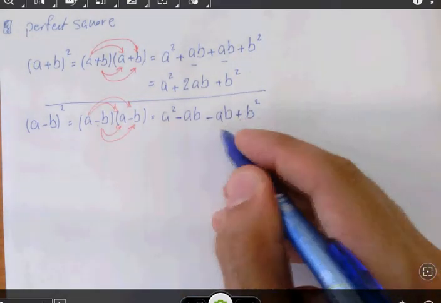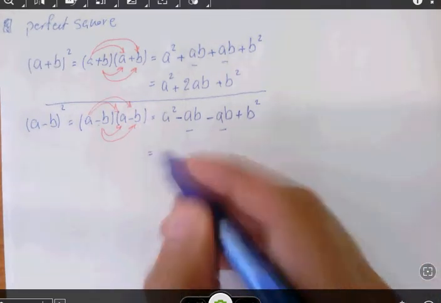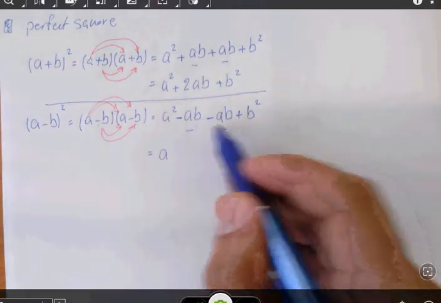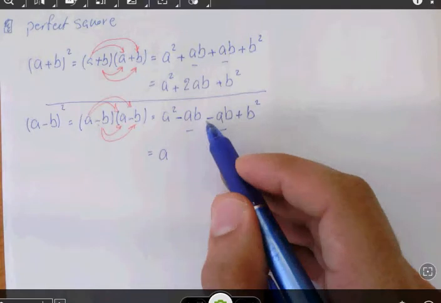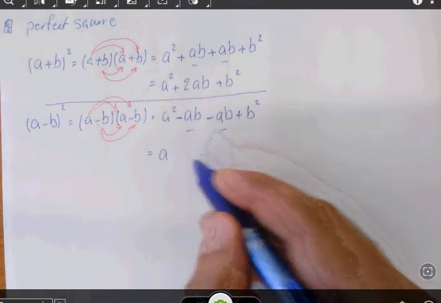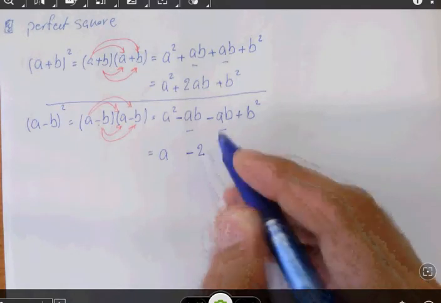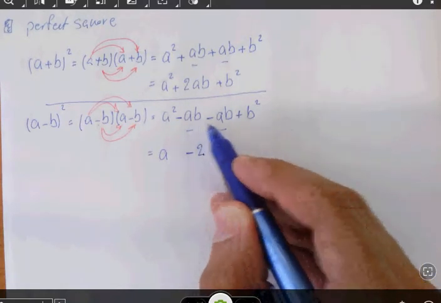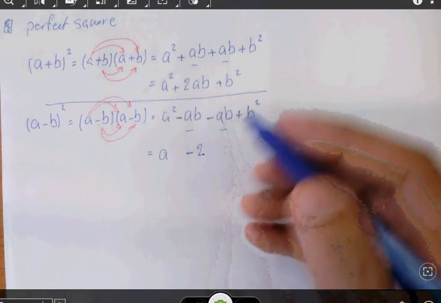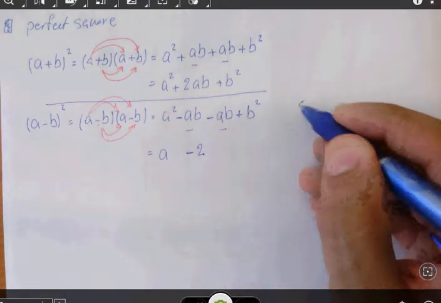How many like terms do you see? So I have what? How many ABs do I have? Is it negative or positive? Very good. Negative 2. Who said positive? Who said positive? It's negative AB minus AB, right? Same way, look, side note, right?